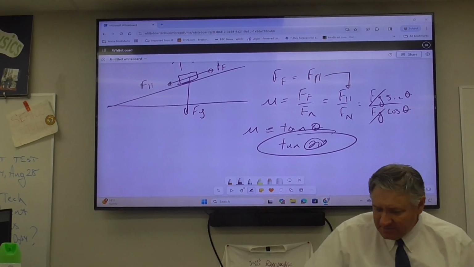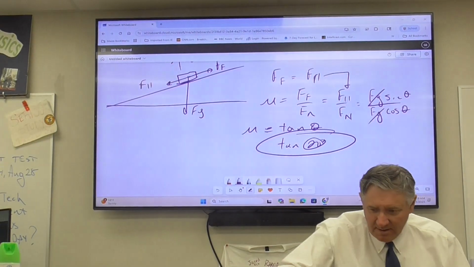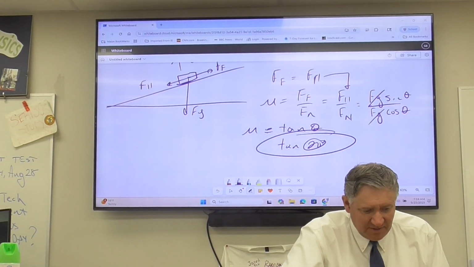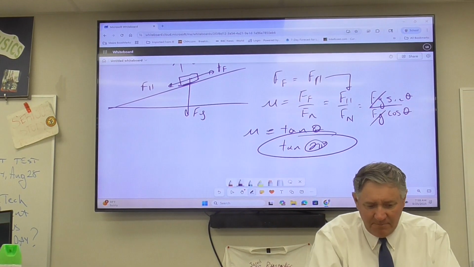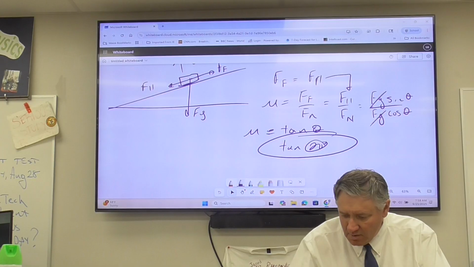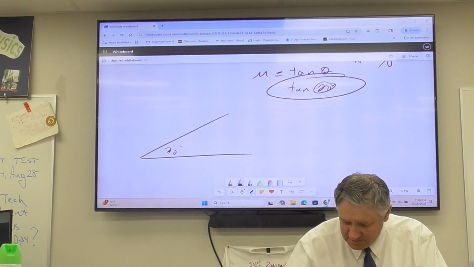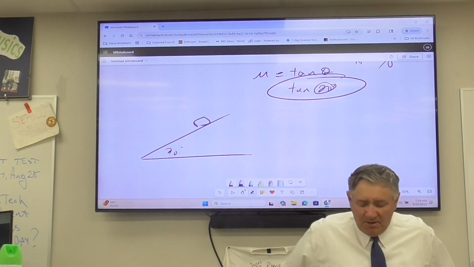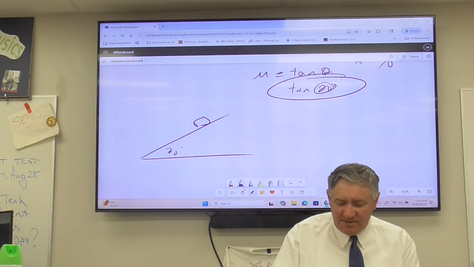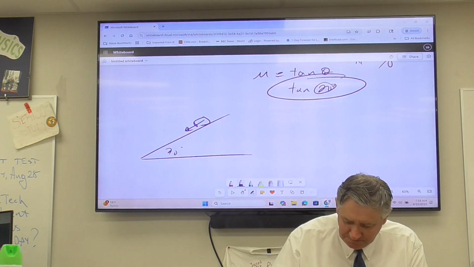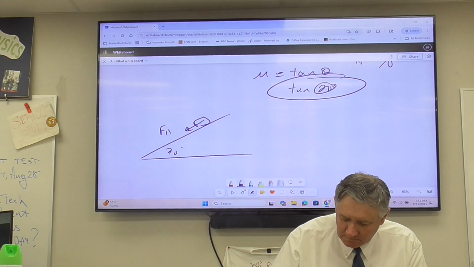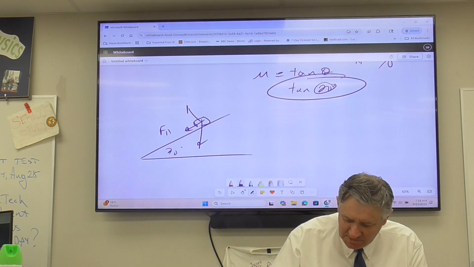So here's what you've got. Instead of calculating it, you're going to measure it. You've got this thing set at an exact 30-degree angle, so you can determine the force parallel. Get your FG, force normal, boom, there you go.